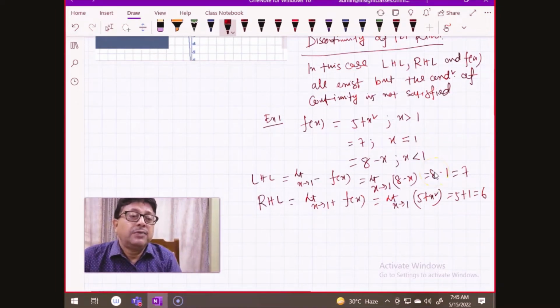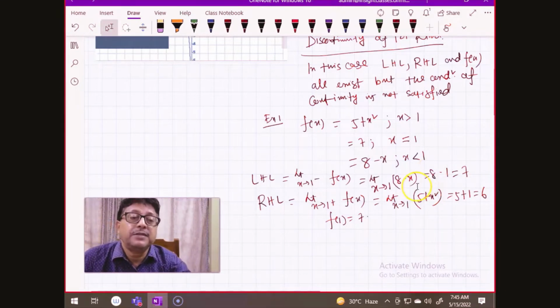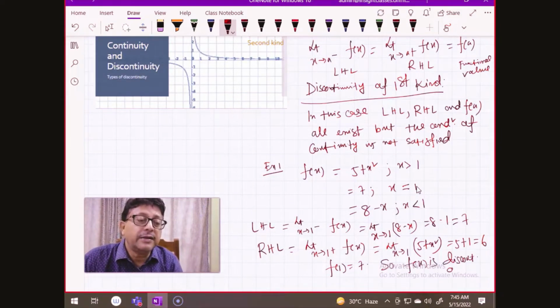And what is the value of f(1)? f(1) is 7. So you can see the LHL and the functional value are equal, but they are not equal to the RHL. So the function belongs to the first type of discontinuity, the discontinuity of first kind. So f(x) is discontinuous at x equal to 1.